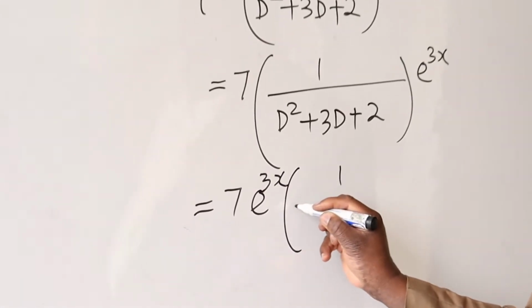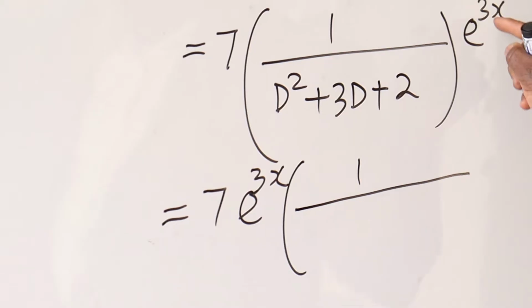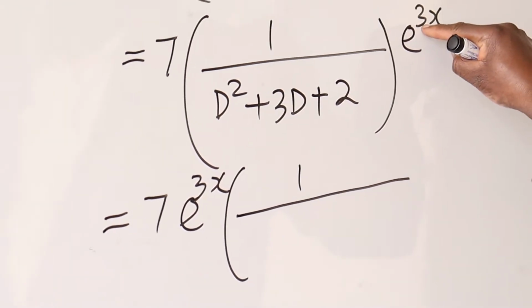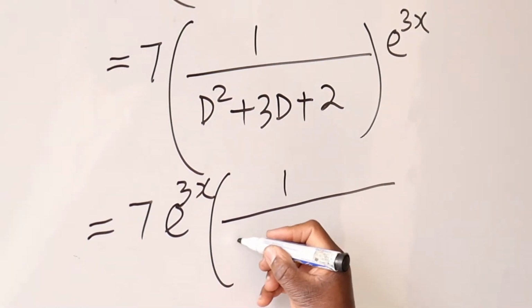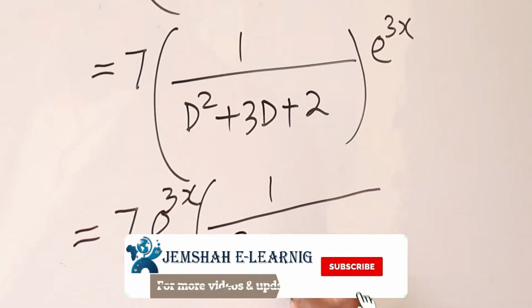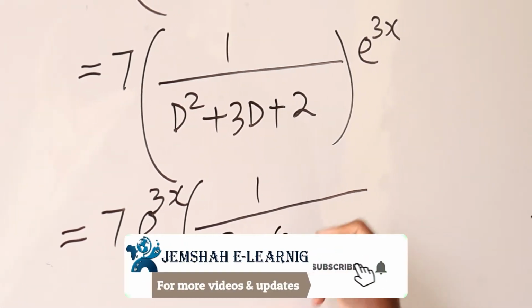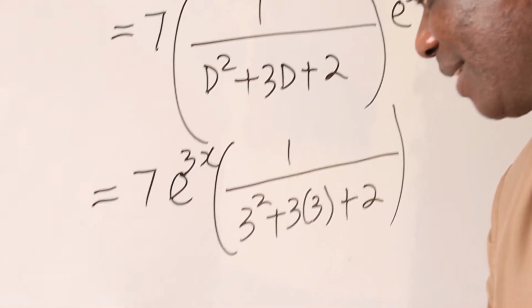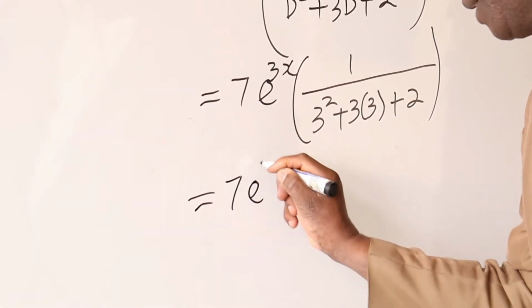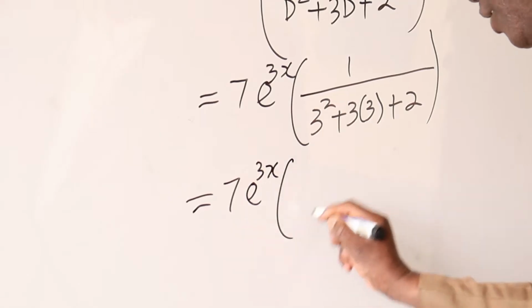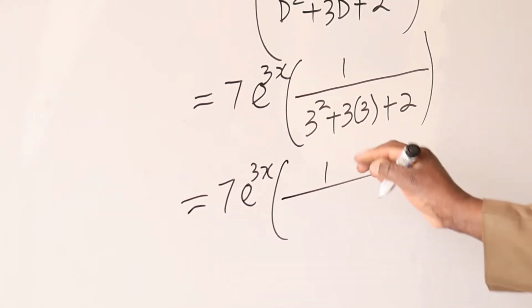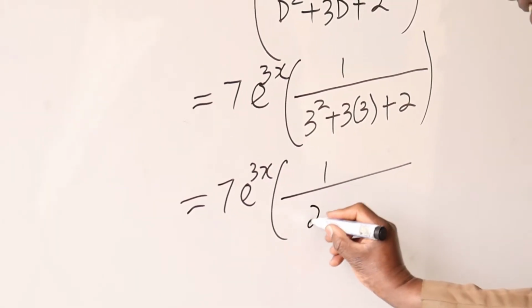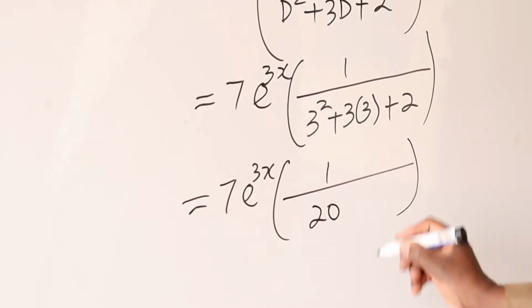Where there was a d, we insert our a, and our a is now 3. So it will be 3 squared plus 3 times 3 plus 2. So this one gives us 7 exponential 3x into 1 all over 20.